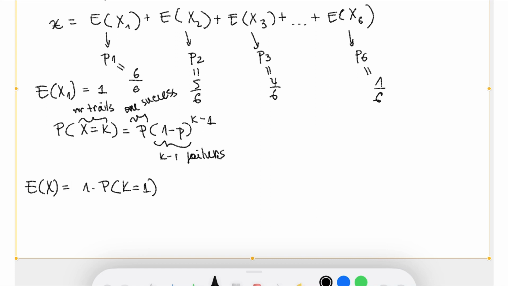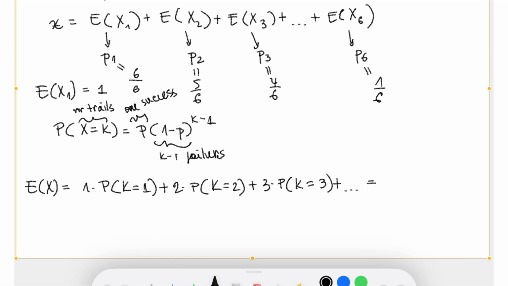It can be that we get a success from the first trial, or it can be that we have 2 trials, 1 success and 1 failure. It can be that we have 3 trials with 2 failures and 1 success, and so on. To be noticed that this goes to infinity.